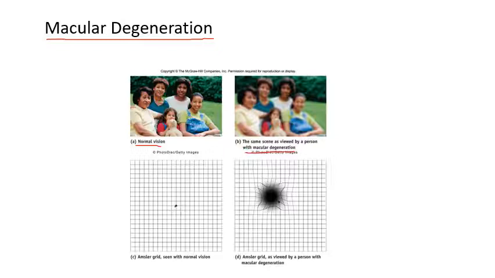So you can see you have basically a hole where the photoreceptors have degraded. But again, your eye is going to focus at the fovea centralis, so that box wouldn't be over here.